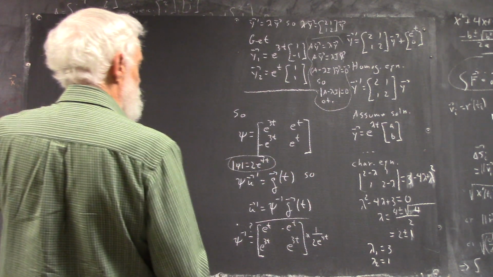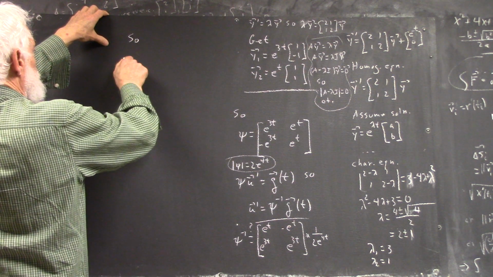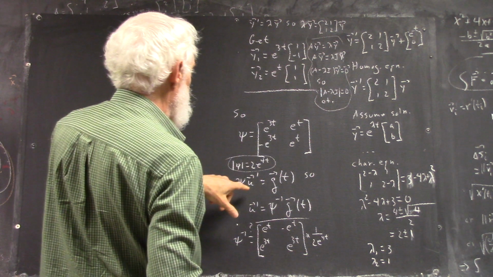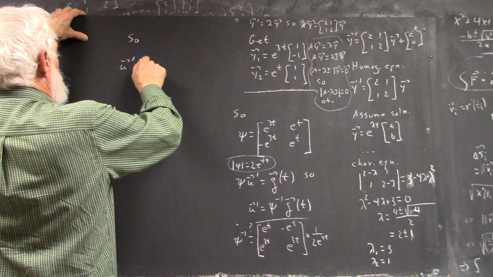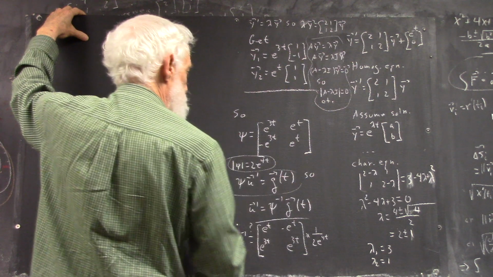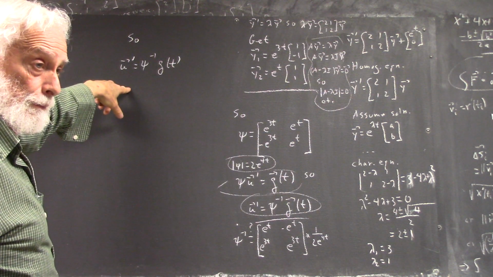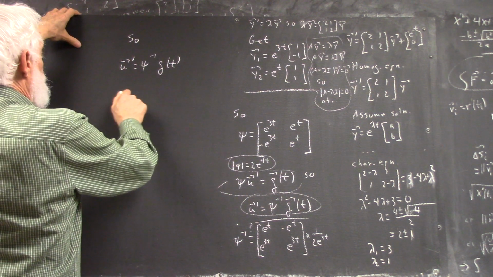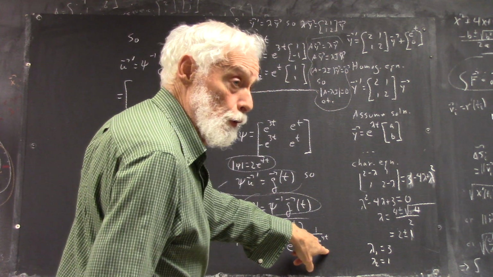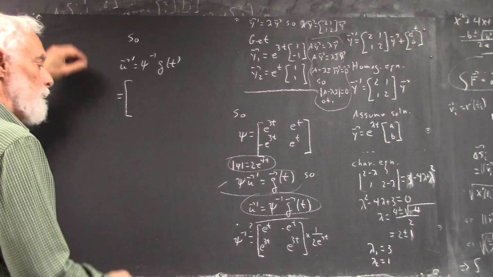Okay, so u prime equals psi inverse g of t. I've just solved this equation, right? Actually, I've got this here. I wrote it out, and I'll repeat it so I can. So that equals what? Well, I'm going to divide by the 2e to the 4t. Yeah, might as well.